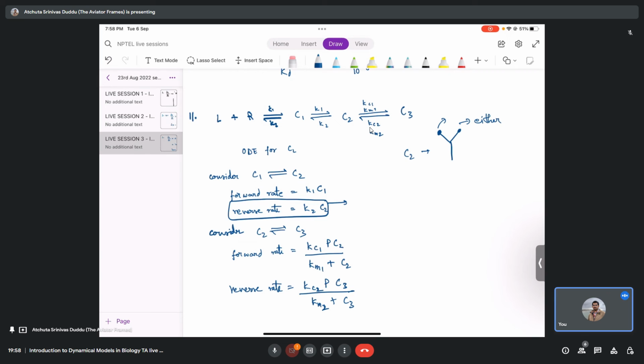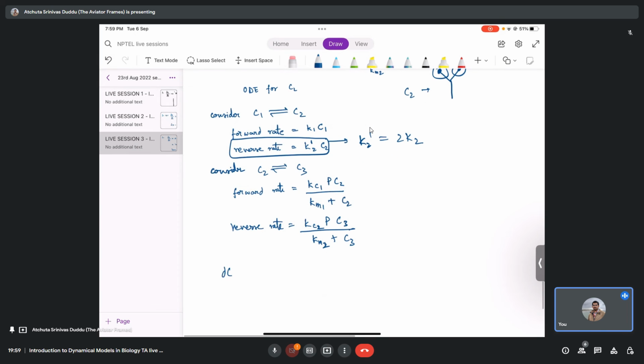So we can write the K2 C2 equation for only this ligand as well as for only that ligand. That means independently they'll add up. So instead of K2 C2, let's take K2 dash, which equals 2 K2, since there are two ligands which can leave the complex independently, they both add up and it becomes twice K2, right?